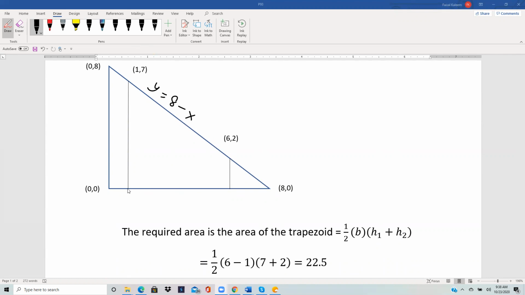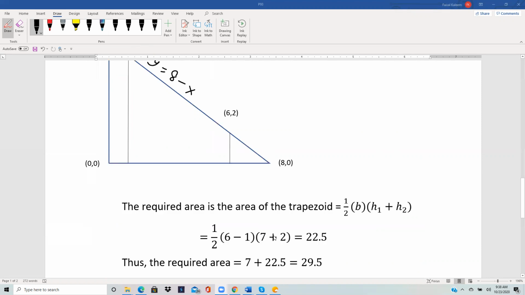Since we are only between X equals 1 and 6, it ends up being this trapezoid. The trapezoid area is half times base times the sum of two heights. That's the formula for trapezoid area. So the base is 6 minus 1, because this is 6 for X and this is 1 for X.